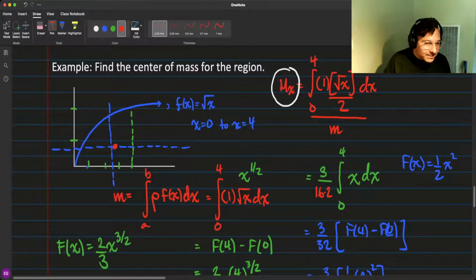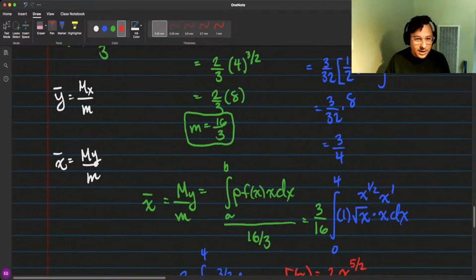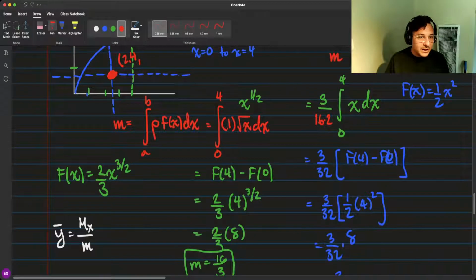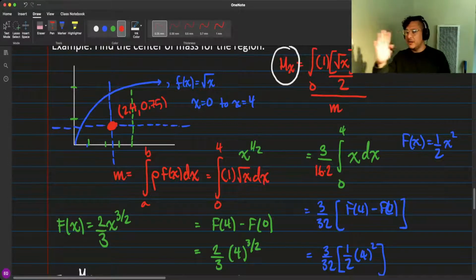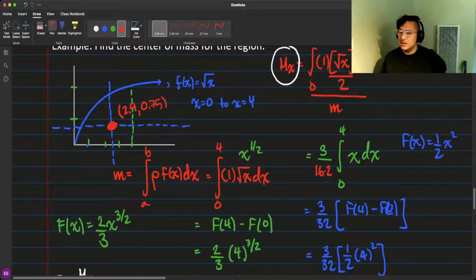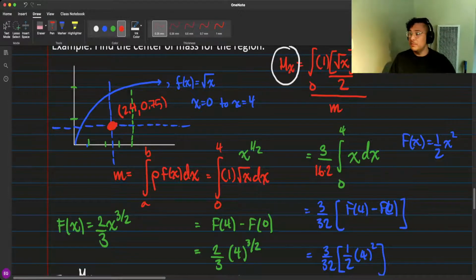So apparently to balance this thing, you would put a point right here at 2.4 comma 0.75. So it's to the right quite a bit and then sort of low. If you were to cut this as a piece of wood, that's where you'd want to balance everything.